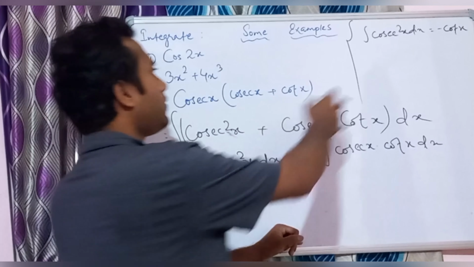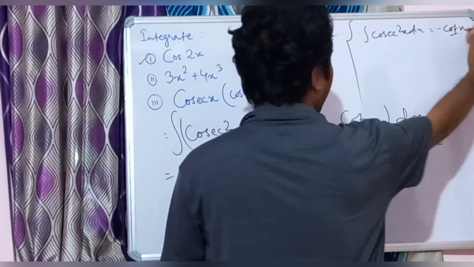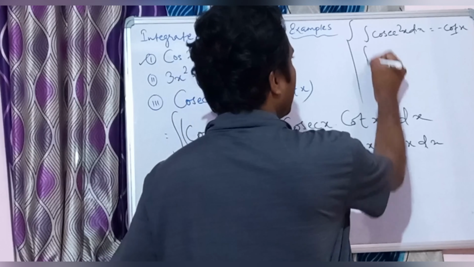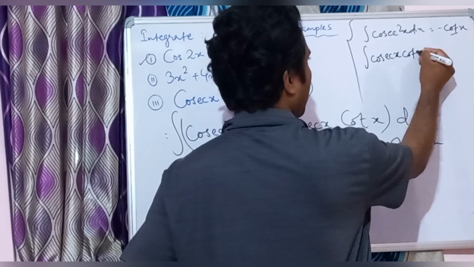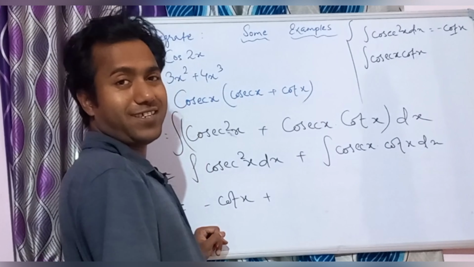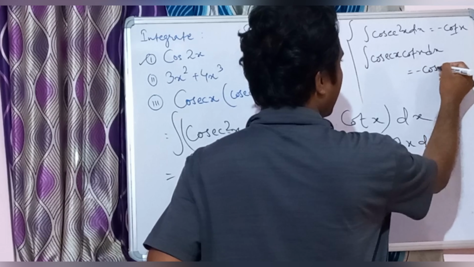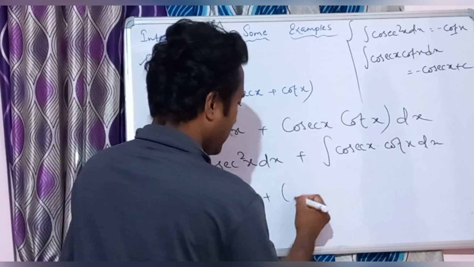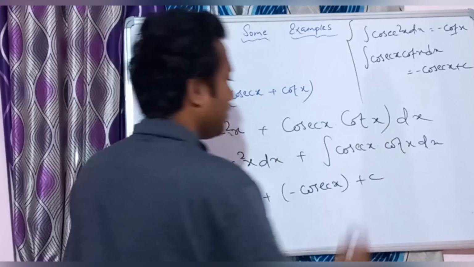So for cosec square x, you have minus cot x. You will write here minus cot x plus the integral of cosec into cot. That formula also you have written somewhere, you can go back to the notes and see. Cosec x cot x integrates to minus cosec x, so we write minus cosec x plus c.